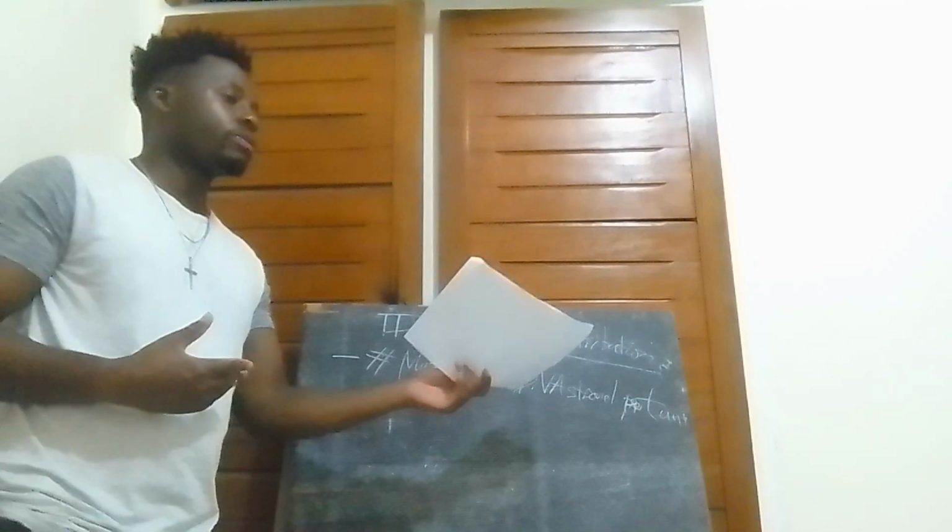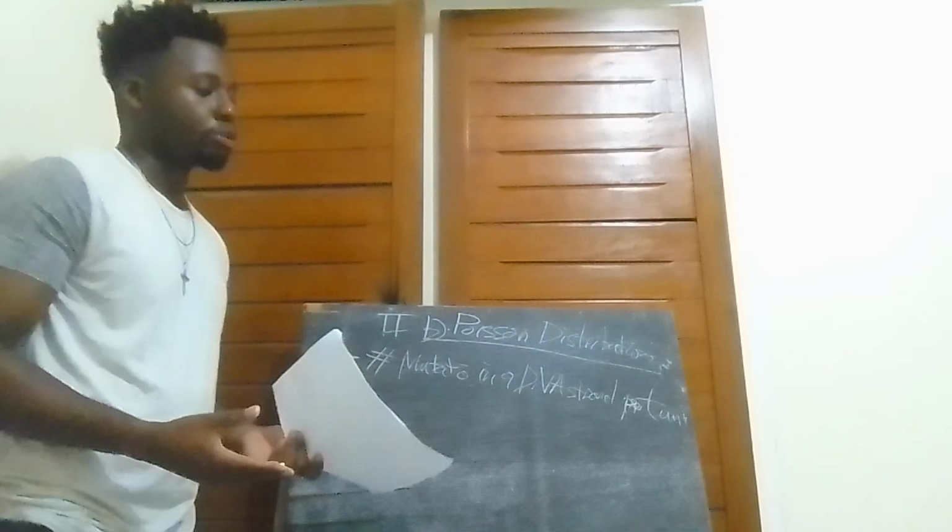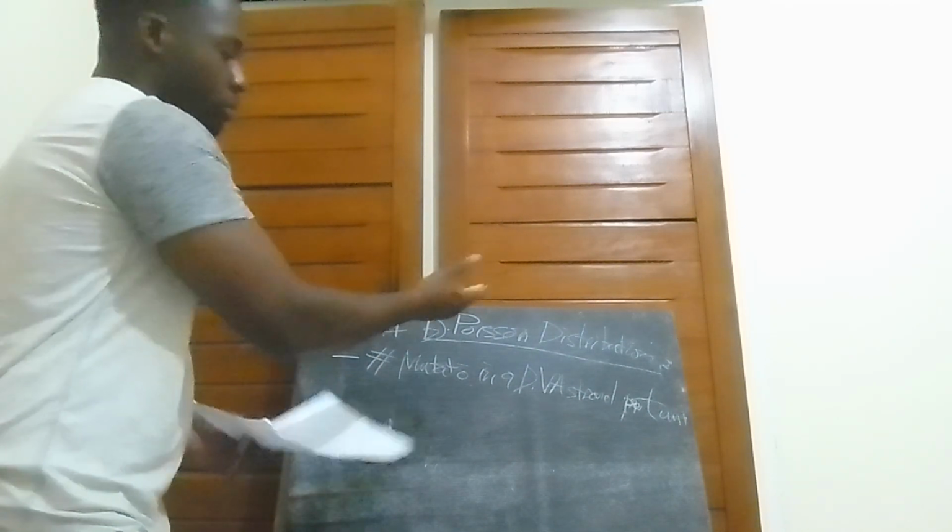There are different kinds of events, and they have probabilistic rules, and some events obey certain probabilistic rules.